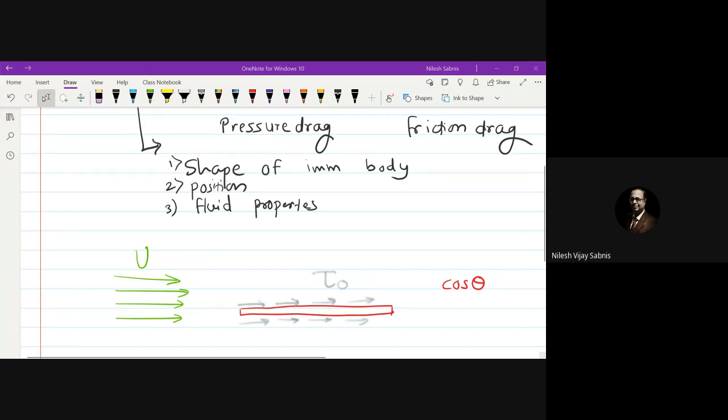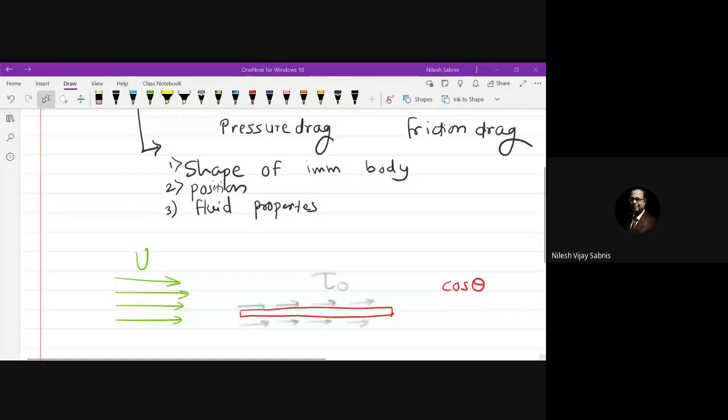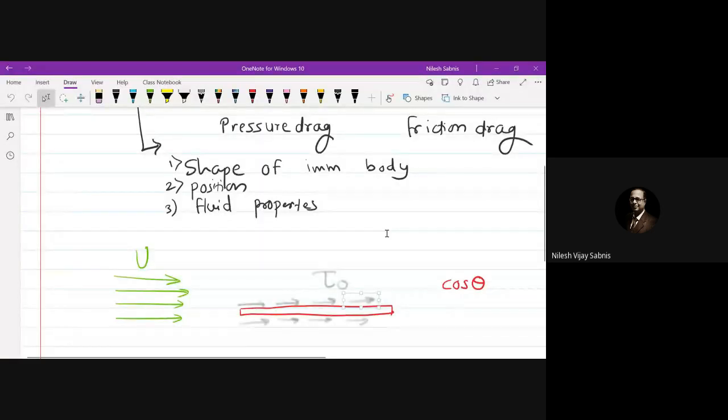What will be the value of cos theta when the flat plate is parallel with the flow? The answer is simple. Theta is the angle made by pressure with the direction of motion, and here it is 90 degrees.